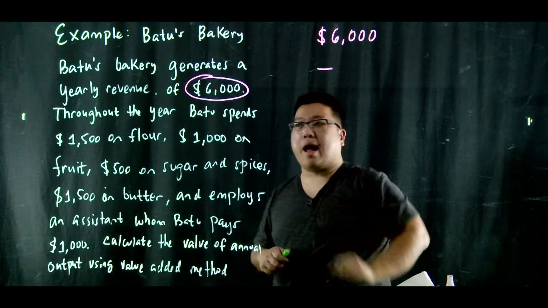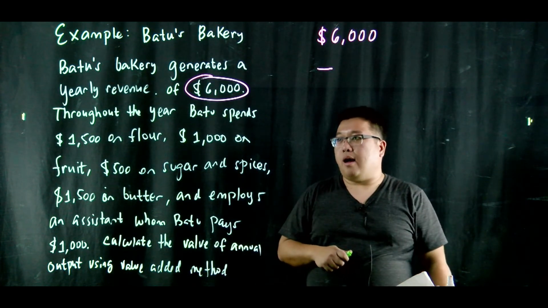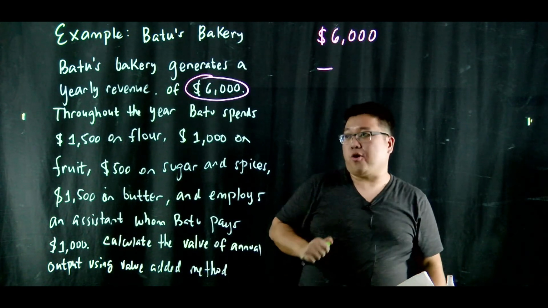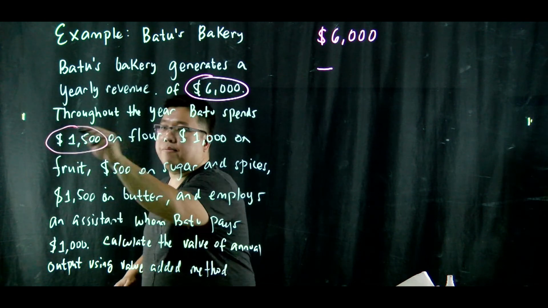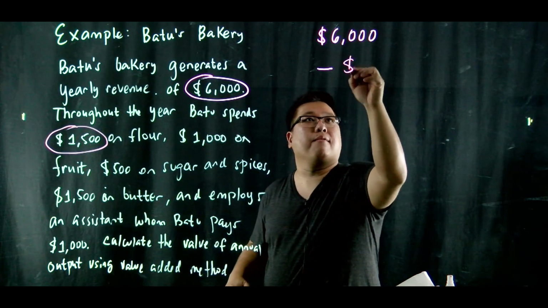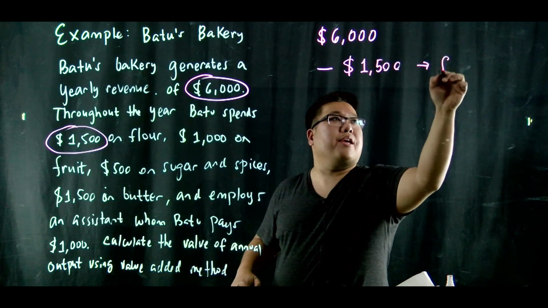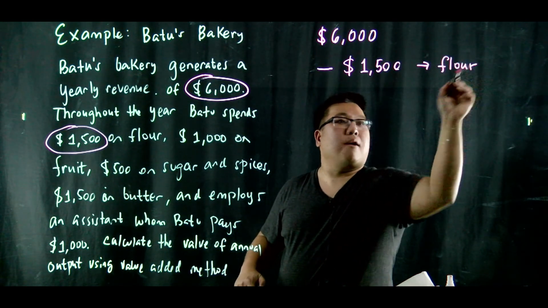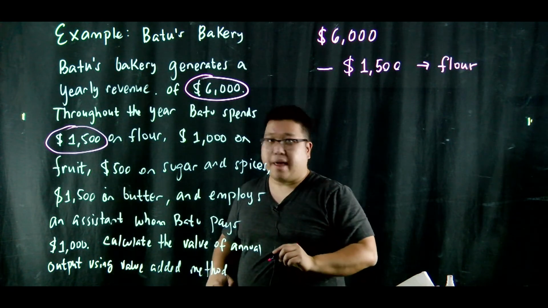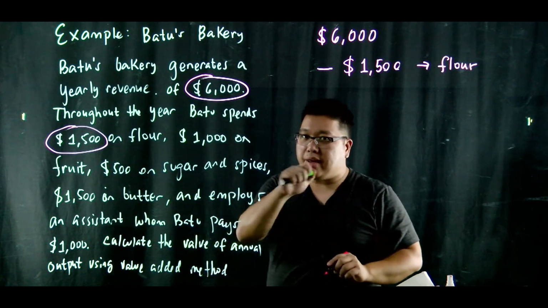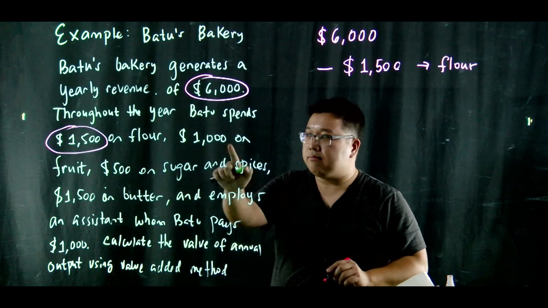We're going to subtract, number one, the expenditure on flour, so we're going to subtract 1,500. Remember, this 1,500 is an intermediate input, flour. Next, we're going to subtract the value of another intermediate input, fruit.